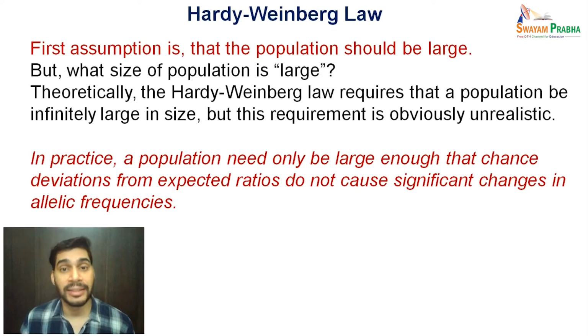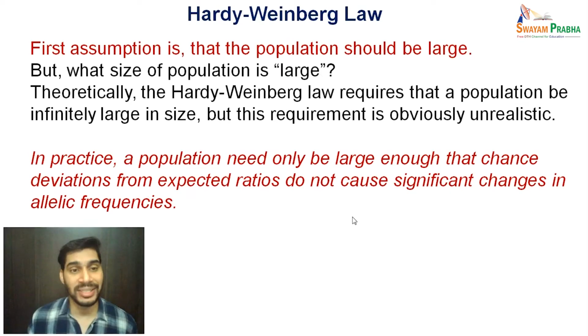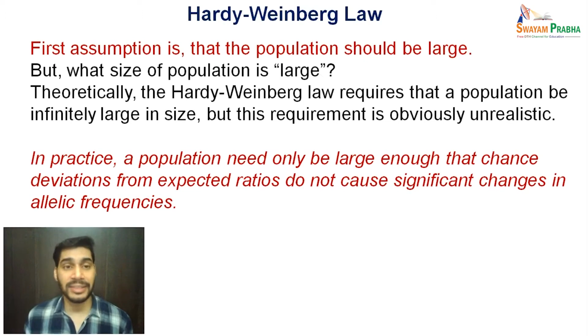Theoretically, the law requires that a population be infinitely large, but this requirement is obviously unrealistic. In practice, a population need only be large enough that chance deviations from the expected ratios do not cause any significant change in the allelic frequencies. Otherwise, theoretically, it is impossible to have an infinitely large population.